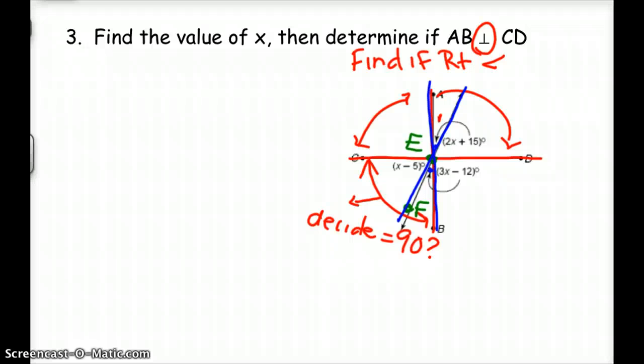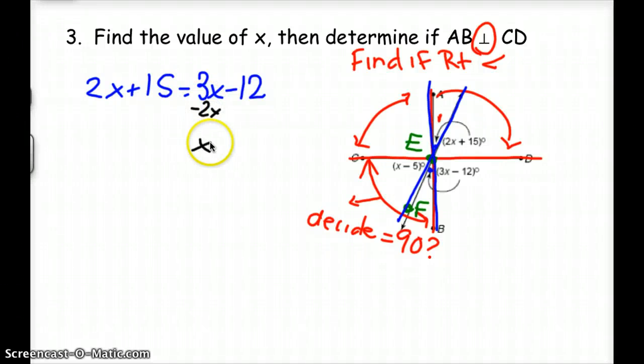So I'm going to set those two equal. 2x plus 15 equals 3x minus 12. Now I'm going to do my algebra. I'm going to get my x's together and my numbers together. I'm going to move my 2x, I'm going to get an x. I'm going to add my 12, I'm going to get 27. So my x is 27.